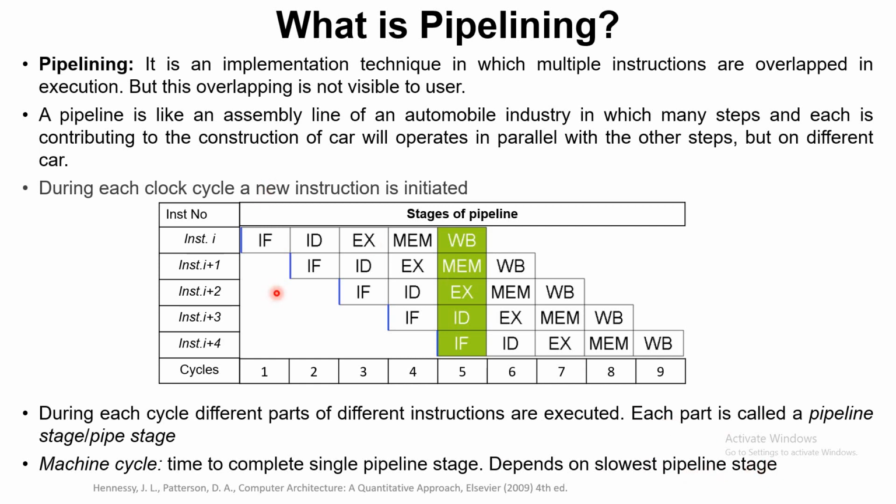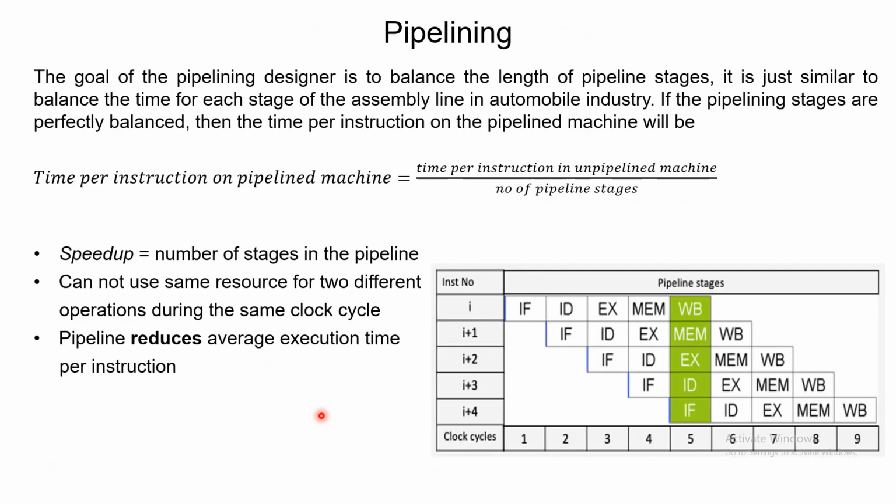Theoretically we can assume that the speeds of all the stages are the same, but practically the speed of all the stages will not be the same. So the time we consider as the machine cycle is the time of the slowest pipeline stage.